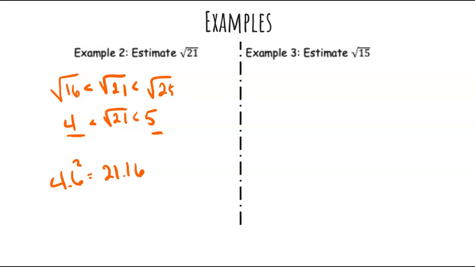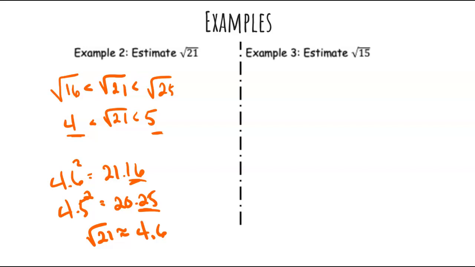It's a little too large, so I'll go back and do 4.5, and I'll see how close 4.5 squared is, and it's 20.25. This is 0.75 away, or 75 hundredths. This is 16 hundredths. This one is a little closer, so we say the square root of 21 is approximately 4.6. You start to see the pattern, and it gets a little bit easier every time you do one.